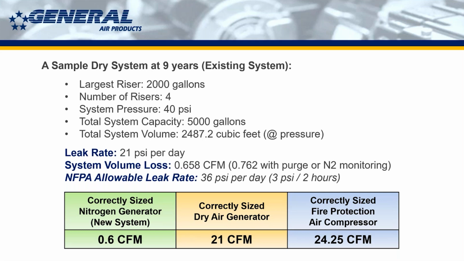But the problem is that our 0.658 CFM leak rate is beyond what our nitrogen generator size for a new system can keep up with. So if you size this for a new system, you're not violating the standard, you will pass your 3 psi every 2 hour test, but you won't have enough maintenance flow in order to keep up with the system pressure.